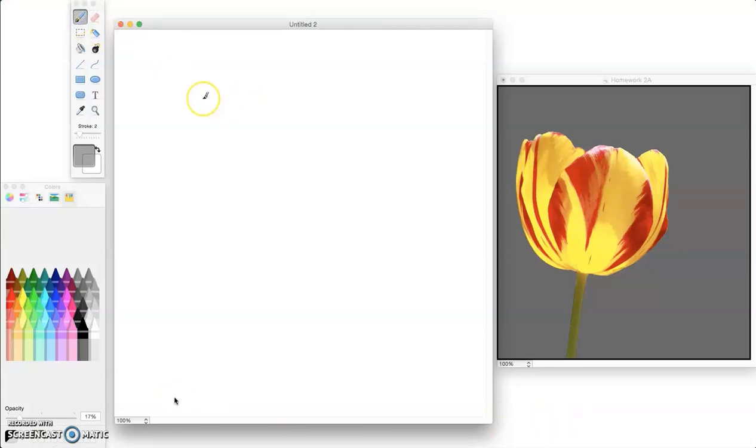Sorry about the yellow circle around my cursor there, but what I'm doing is I'm beginning with what we call the preliminary sketch. I'm taking a look at my subject to the right of me, and I'm making some beginning spatial decisions. I'm saying, how is this tulip going to fit into this space?